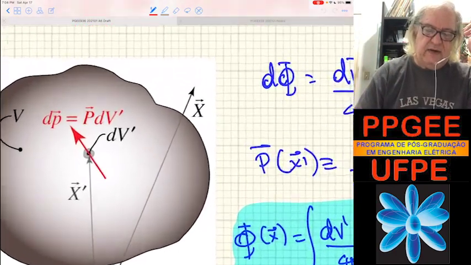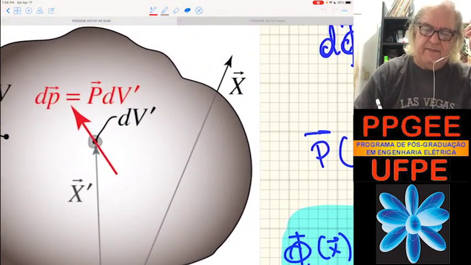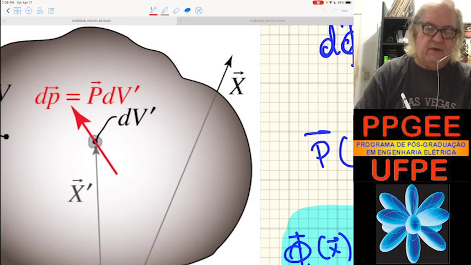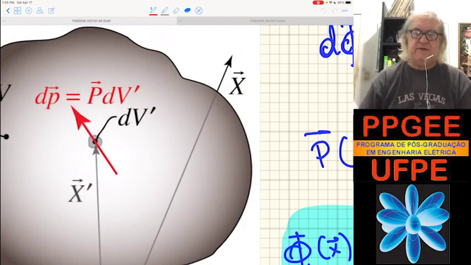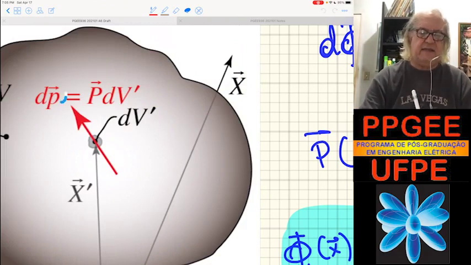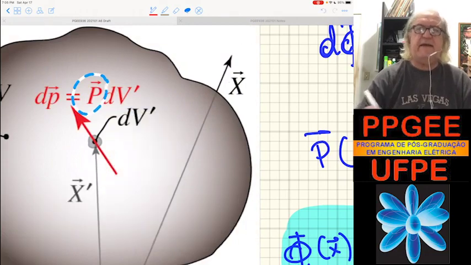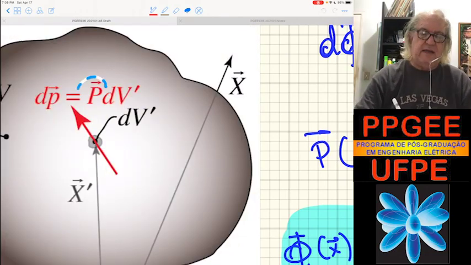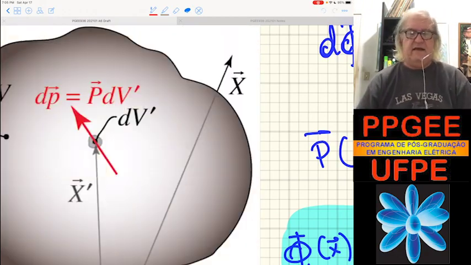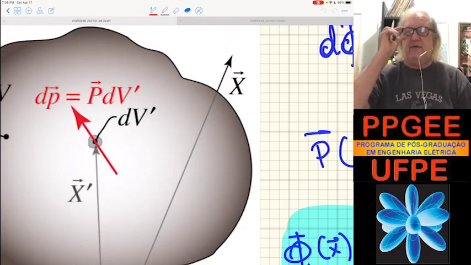Okay, so we're going to say that in a volume dV prime we have total dipole moment dP, and we are going to define a density function that allows me to calculate dP from the volume dV prime. That function is the capital P, which is a vector, collinear with the local dipole moment vector.